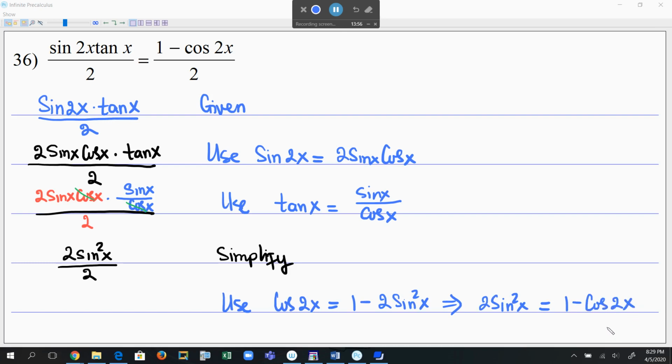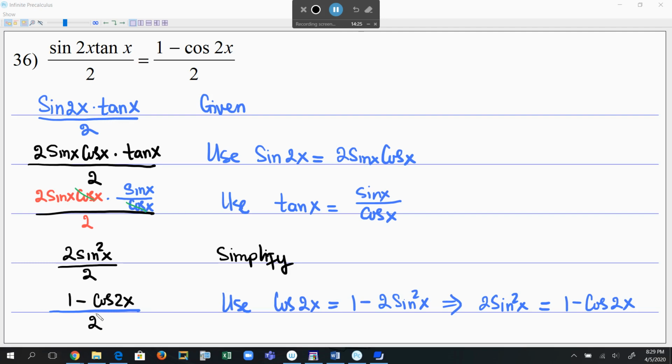Okay, so therefore here, now we can substitute the numerator by 1 minus cosine 2x and copy the denominator.